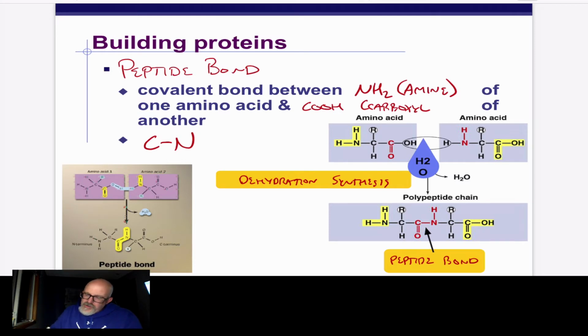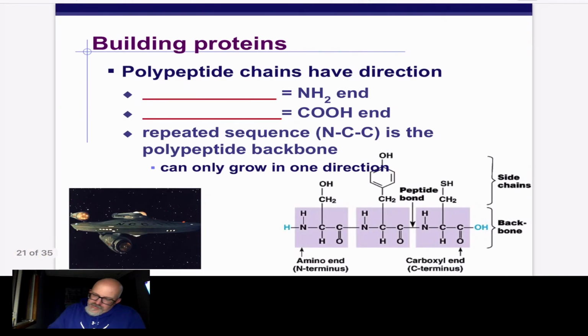So they grow, and they always will attach from the N group of one to the C group of the other, right? The COOH group to the N group of the other. So they grow in one direction from N terminal to C terminal, right? That's how they're growing. So when you look, okay, polypeptide chain, this is what I was just saying. Polypeptide chains have one direction.